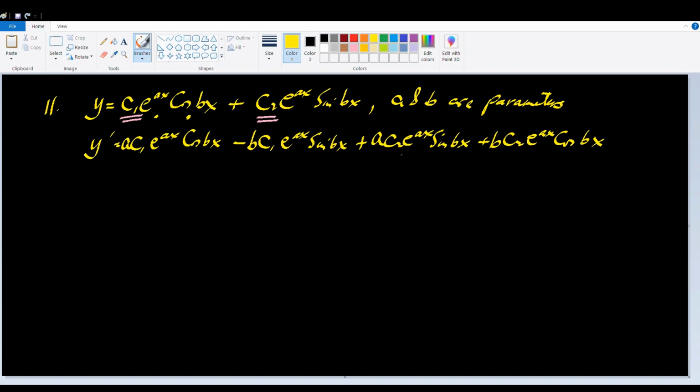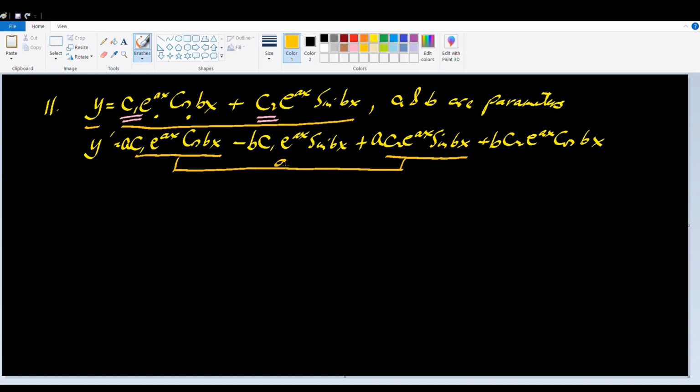But there is a way of abbreviating our computations. What do we see here? We see this expression, c1 e to the ax cosine bx and c2 e to the ax sine bx, which is exactly our y, right? So these two will be replaced by ay.